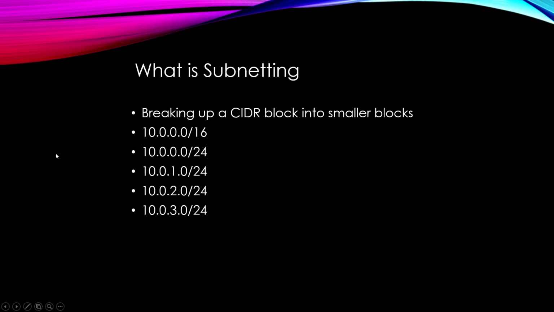So then you get subnetting. Subnetting is when you break up a CIDR block into smaller blocks. In our example, we gave the VPC 10.0.0.0/16, and that's 65,536 IP addresses. Let's say I want to break that into 2 public subnets and 2 private subnets.